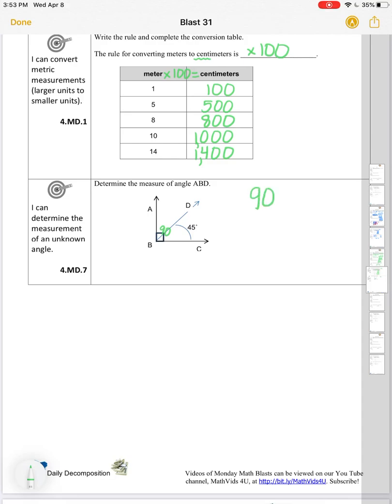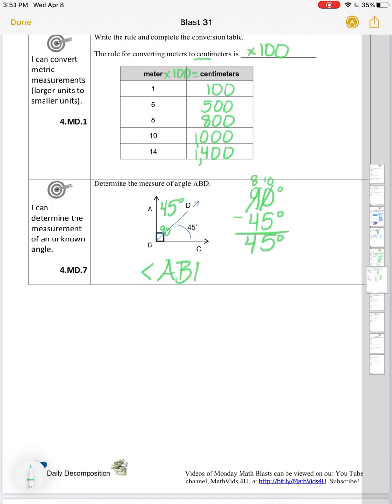So if I take the whole angle ABC, which is 90 degrees, I subtract the part that's given to us, angle CBD at 45 degrees, then I can find that I am left with 45 degrees for angle ABD.